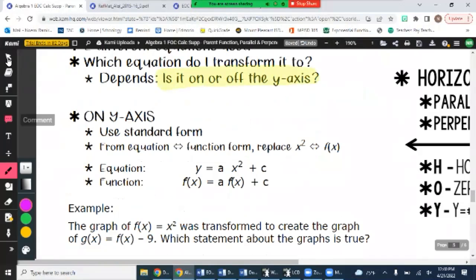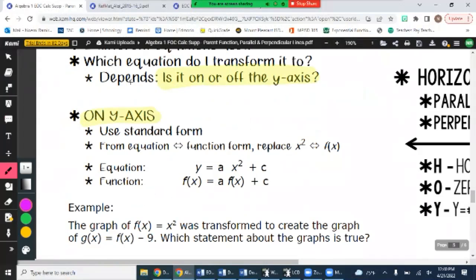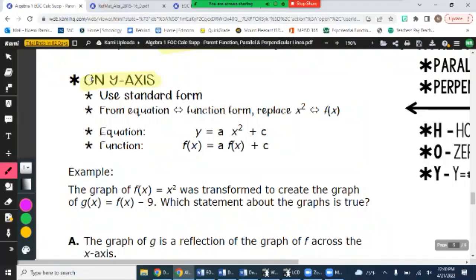Now, if it is on the y-axis, if it doesn't mention anything about going left and right, that means you're going to stay in standard form, ax squared plus c. So you're going to see it in function form. Go ahead and change that f of x to a g. Most of the time, you're going to see a g in this spot or an h, g of x, h of x, whatever.